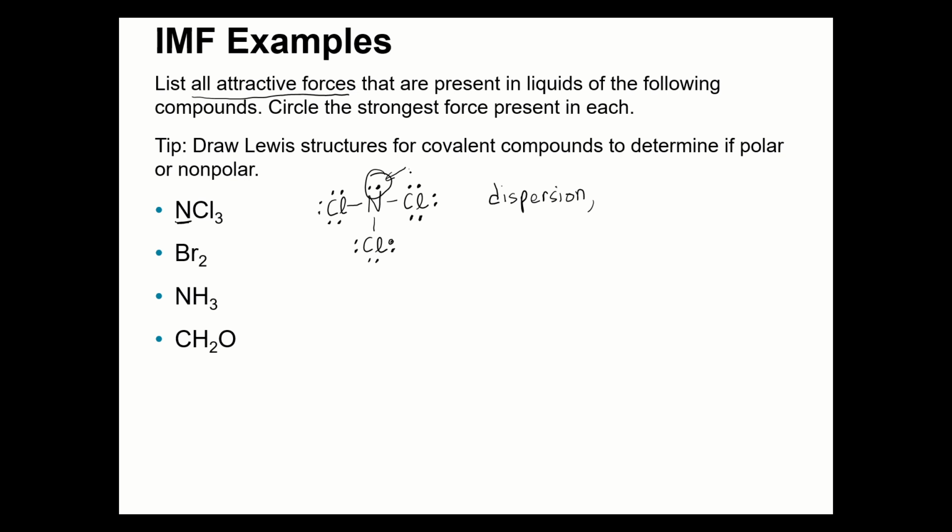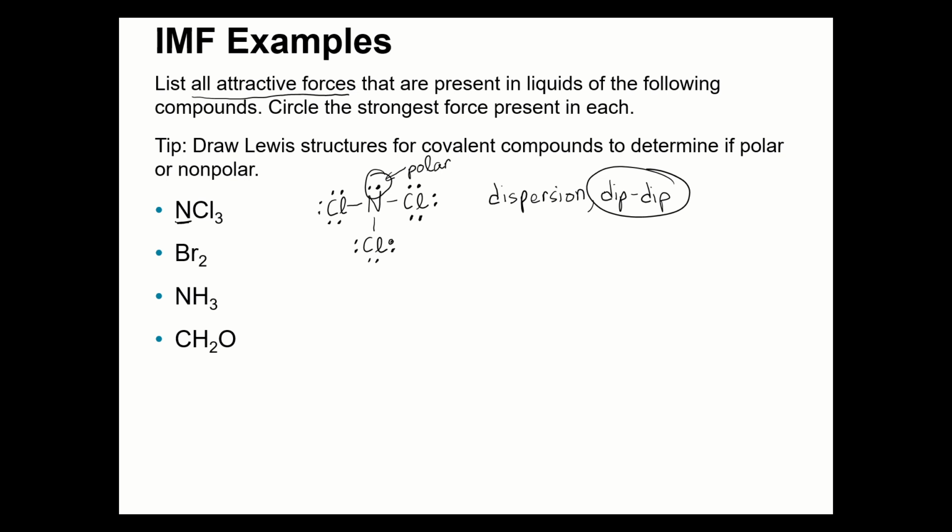So this right here indicates that NCl3, or nitrogen trichloride, is going to be polar, and so we're going to have those dipole-dipole interactions. But for hydrogen bonding, you would have to have a hydrogen bonded directly to that nitrogen. So we don't have hydrogen bonding for this first example, and so the strongest is the dipole-dipole moment.